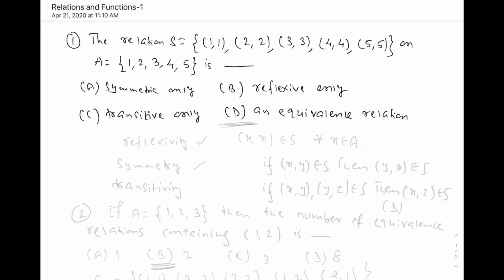Now, looking at this S, (1,1), (2,2), (3,3), (4,4), (5,5), surely the reflexivity is there, because what is reflexive? It is like this: (x,x) belongs to S for all x belongs to the set A. Now what is symmetric?